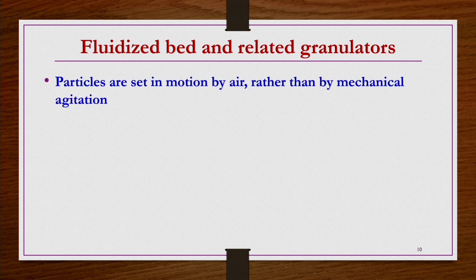In the fluid bed granulators, the particles are set in motion by air rather than by any kind of mechanical agitation. Until now, whether the tumbling granulators or the mixer granulators, the agitation has been caused by mechanical means. The granulation, the agglomeration, is because of the agitative action.